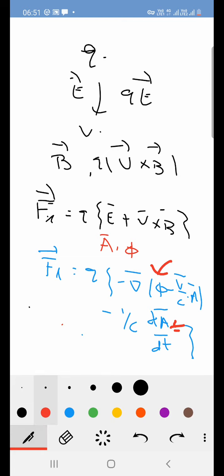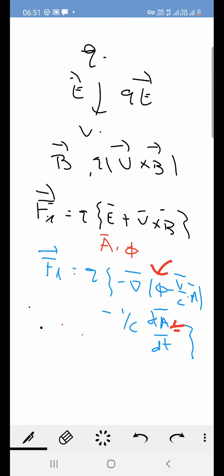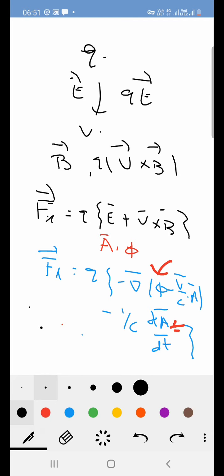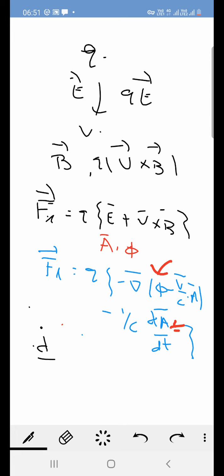And this operator d by dt is actually del by del t plus v dot del, the convective operator. So this is how you present it.